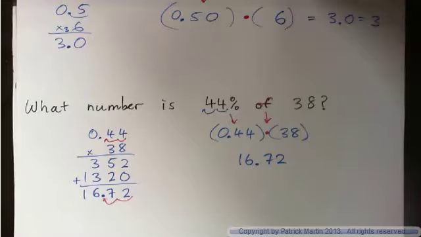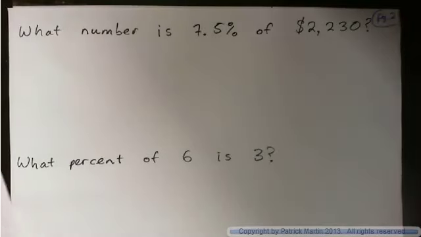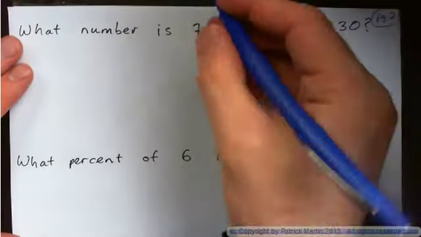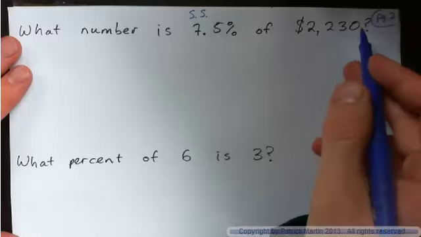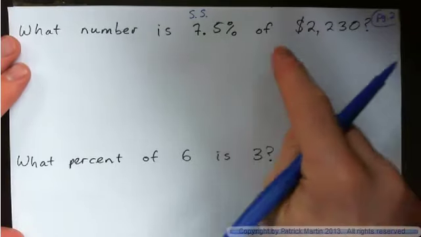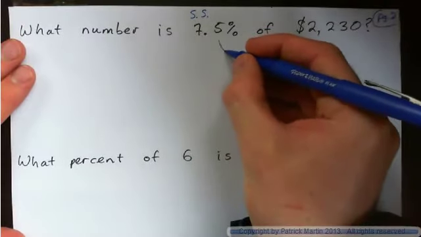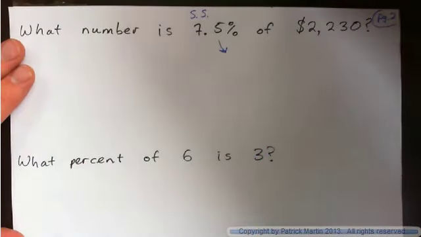So on to page 2. What number is 7.5% of 2,230? So once again, we could think about this as, say, Social Security tax on a monthly wage of $2,230, right? So what would the Social Security tax for the month be for this? So first of all, turn this percentage into a decimal. And what do you get?